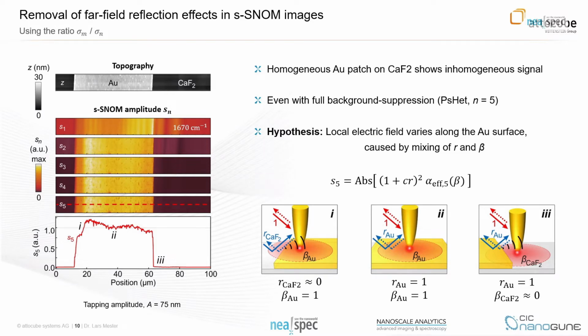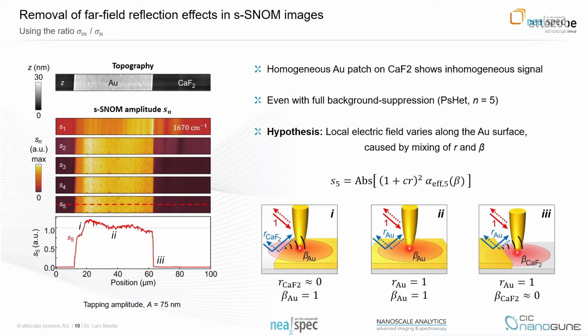Here is the example from the beginning, where it's just a gold patch on calcium fluoride, and the gold is homogeneous. We would expect a homogeneous signal. We see that for low demodulation orders, there's a lot of background light. We can remove it by demodulating, but still the signal is not flat.